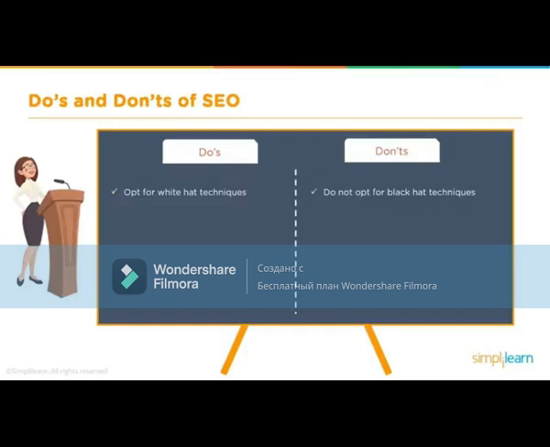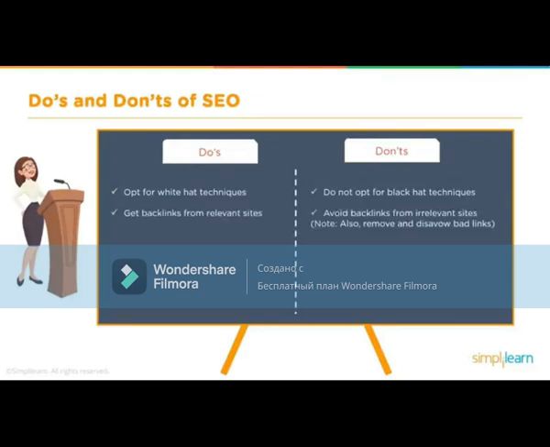Black hat techniques are probably not even worth going into detail, but one example is choosing a keyword arbitrarily, like say digital marketing, and just stuffing that keyword into the content. So that's probably not something you want to do because, again, it's not going to be good for the end user. So stay away from black hat and focus on some of the techniques we talked about in today's presentation.